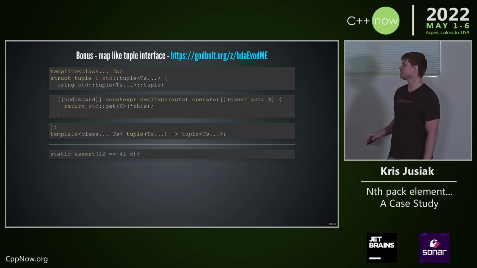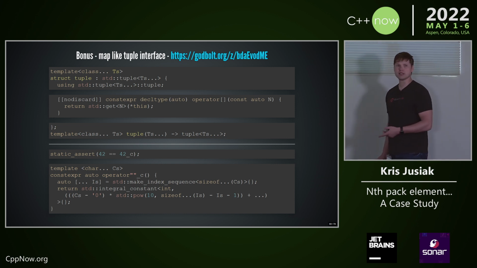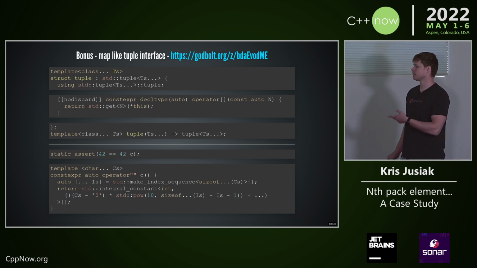But how do we get this 42_c? Well, we have to do a bit of magic for that one. So we can apply this UDL, which is kind of universal. Pardon? It's the pow. Power of. I know.